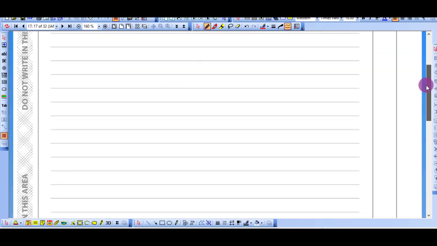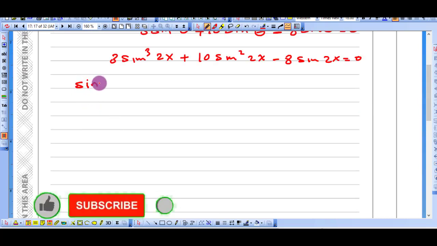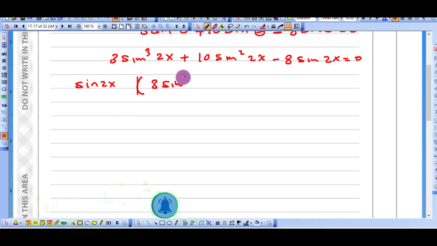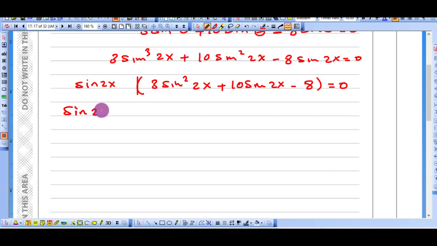Now let me take sine 2x as a common factor. Here I will have 3 sine squared 2x plus 10 sine 2x minus 8 equal to 0. So sine 2x is equal to 0 and 3 sine squared 2x plus 10 sine 2x minus 8 is equal to 0. From here, let us go ahead to our calculator.